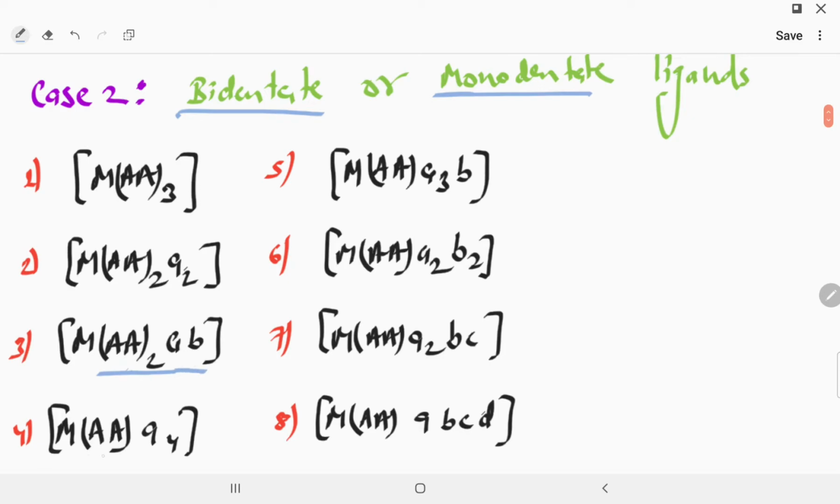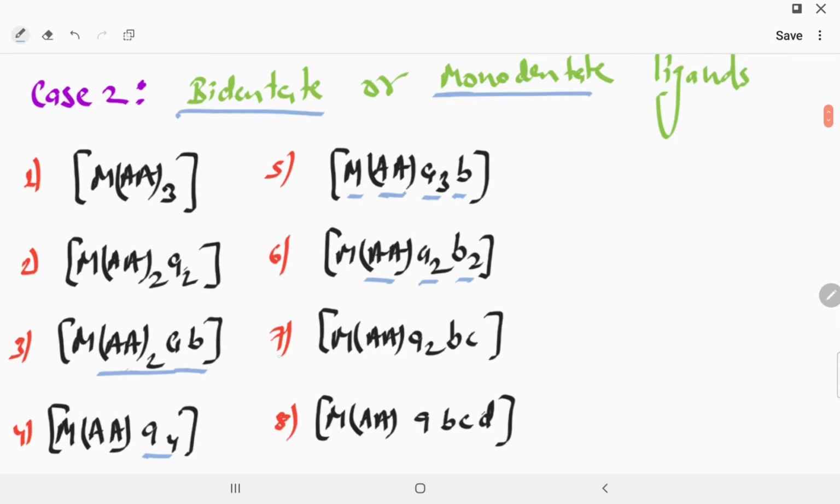Now M(AA)A4 has 1 bidentate ligand and 4 monodentate ligands, and these 4 monodentate ligands are the same. Now M(AA)A3B has one bidentate ligand and 4 monodentate ligands, of which 3 are the same and 1 is different. M(AA)A2B2 has 1 bidentate ligand and 4 monodentate ligands, of which 2 are the same and 2 are the same.